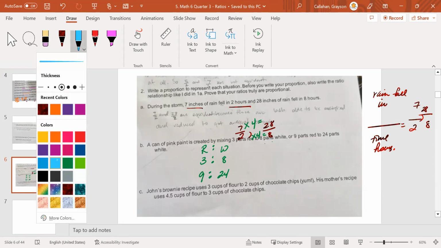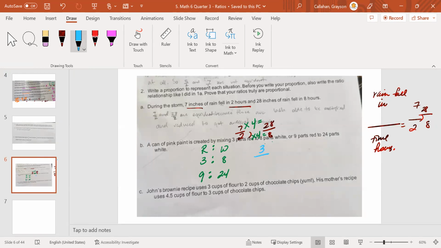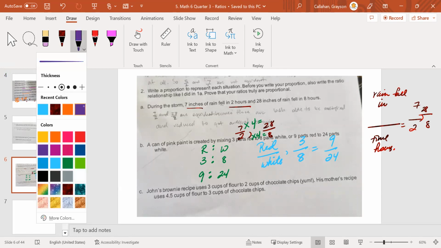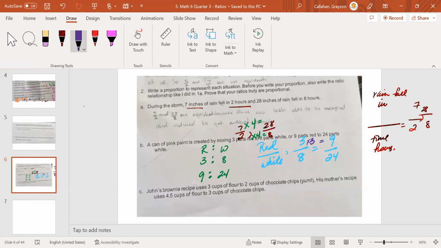So once you have this, we're going to do red paint over white paint, which is 3 over 8 is equal to 9 over 24. And if you look at this, 3 times 3 equals 9. 8 times 3 equals 24. You see that? Okay.